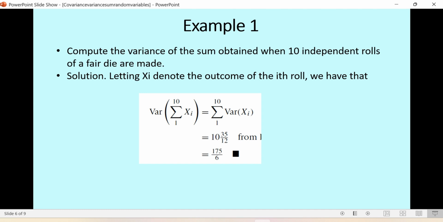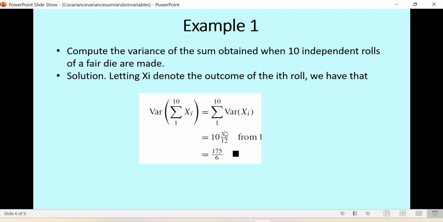But if we roll 10 times, the random number will be the sum of these 10 random numbers. If we want to calculate the variance of the sum of Xi, because each roll is independent from one another, we can use the fact that the variance of the sum equals the sum of their variances.